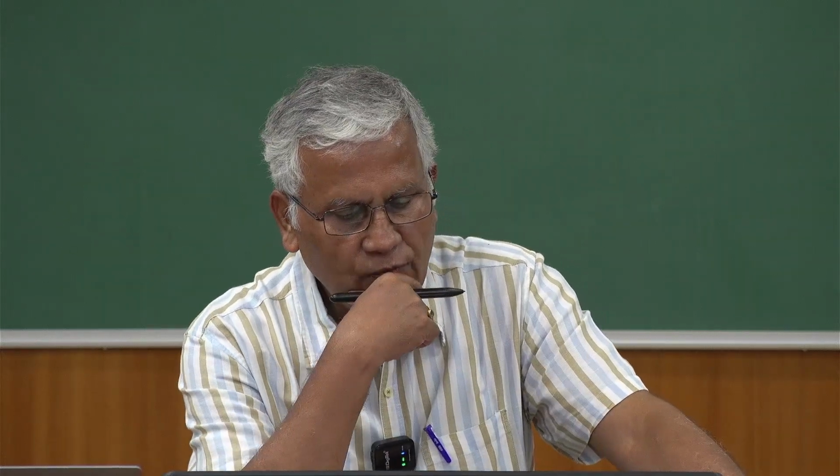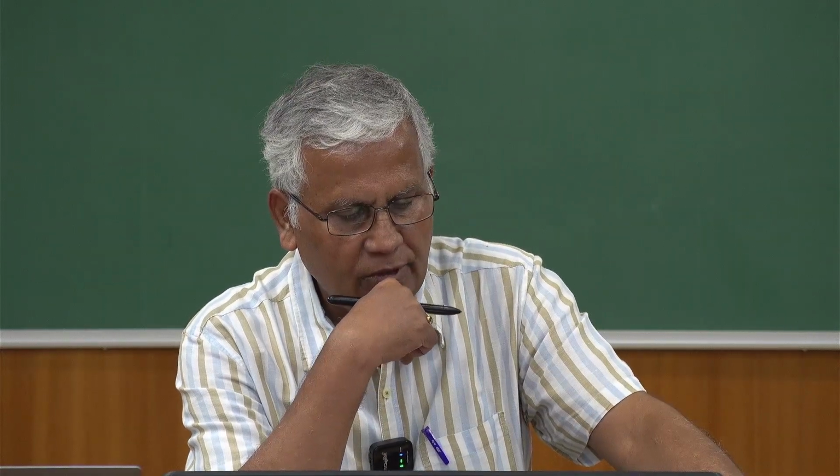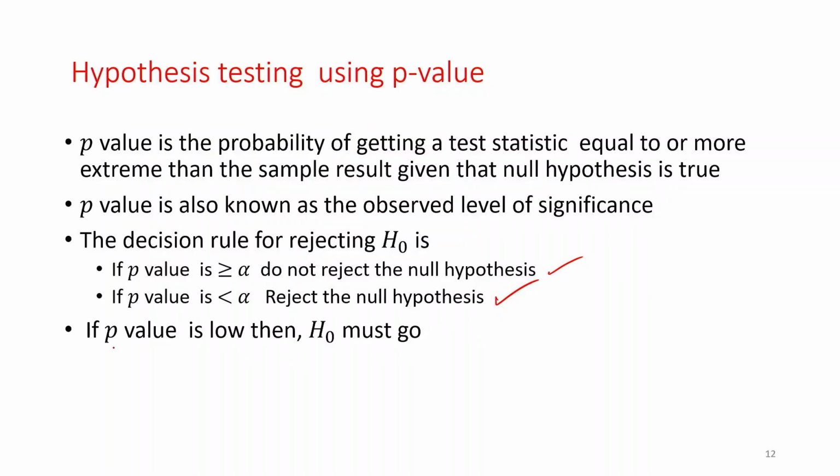And the decision rule for rejecting H0 is: if p-value is greater than alpha, then do not reject the null hypothesis. If p-value is less than alpha, then reject the null hypothesis. Or in another simple way of saying it, if p-value is low, then H0 must go.